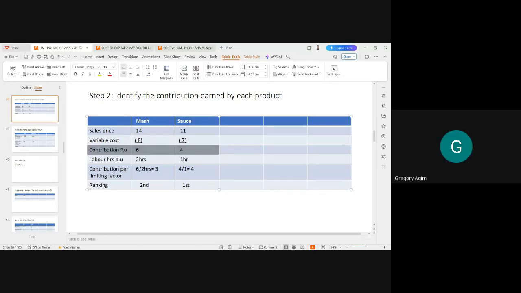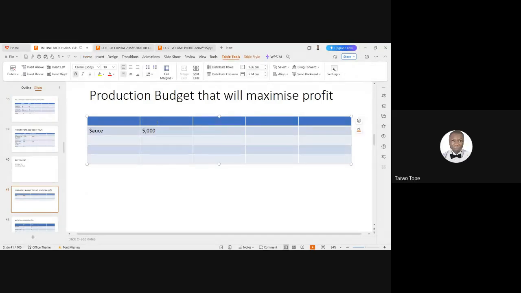This is what we are concerned about at this point. This is units, this is contribution per unit. And your contribution per unit is 4 naira. Your total contribution will be what? 20,000.